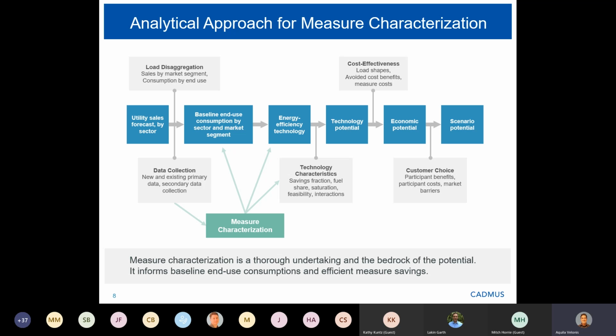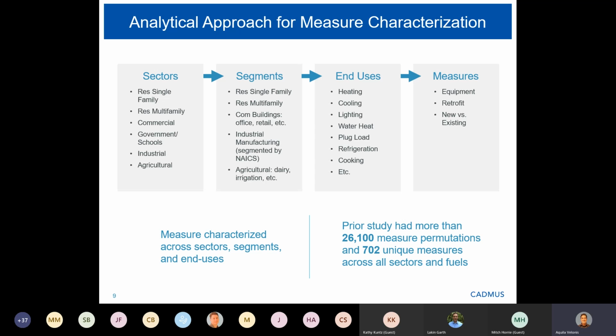In addition, measure characterization also informs some of the technical characteristics of each measure. That might be these applicability factors around the technical feasibility or limitations to install a particular measure. We also need to account for measure interactions, as well as the saturations of equipment and things like that.